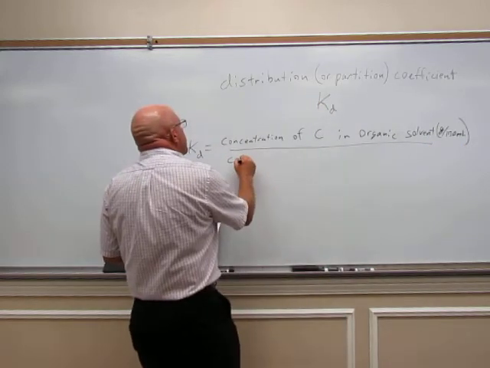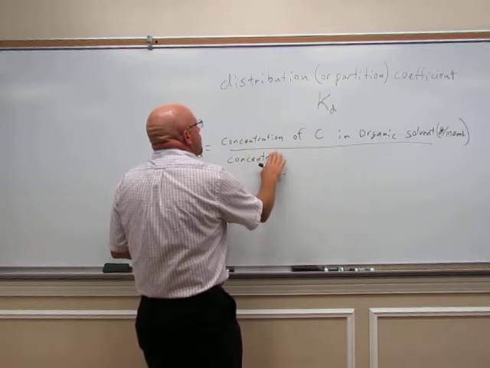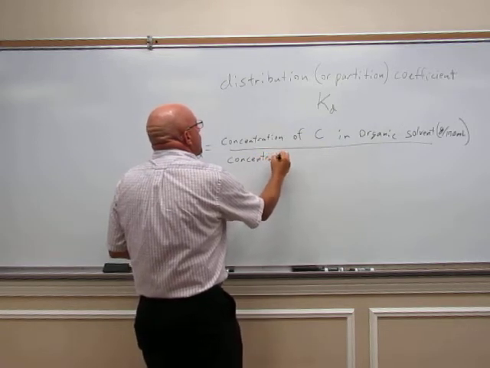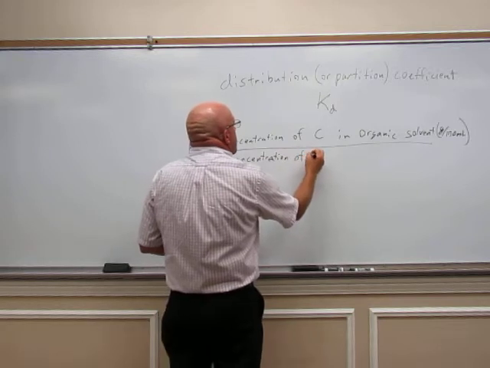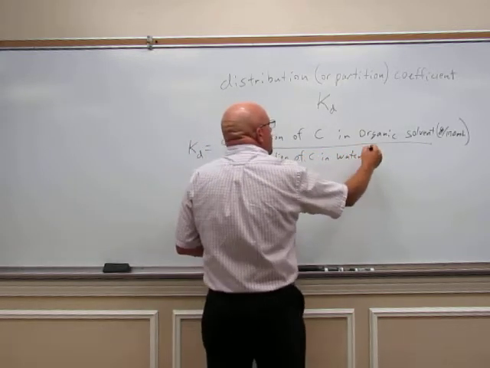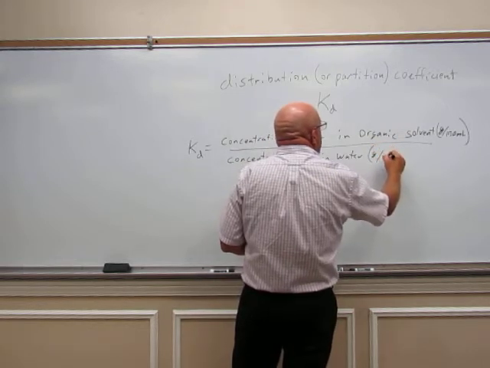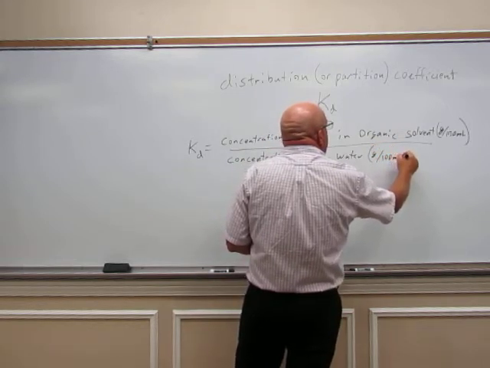On the bottom, this is going to be the concentration of C in water. And again, concentration is typically grams per 100 milliliters.